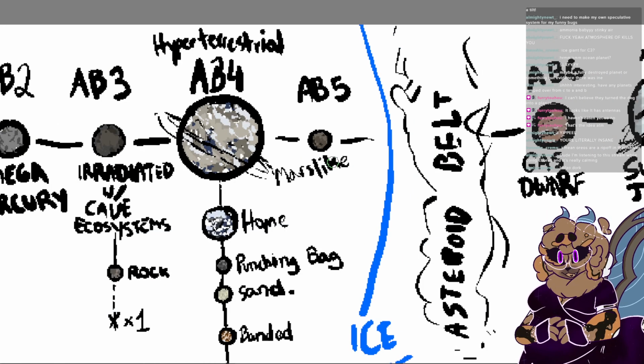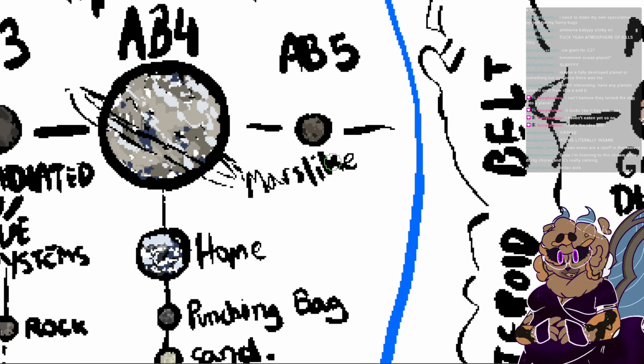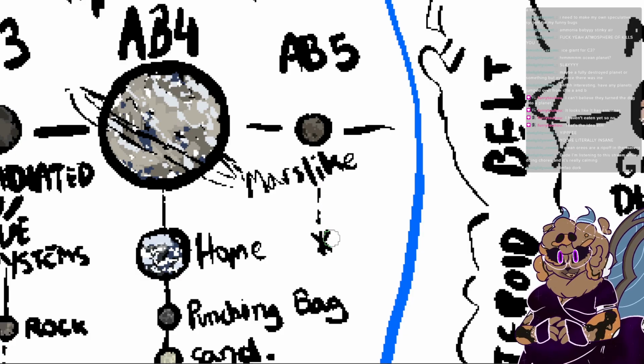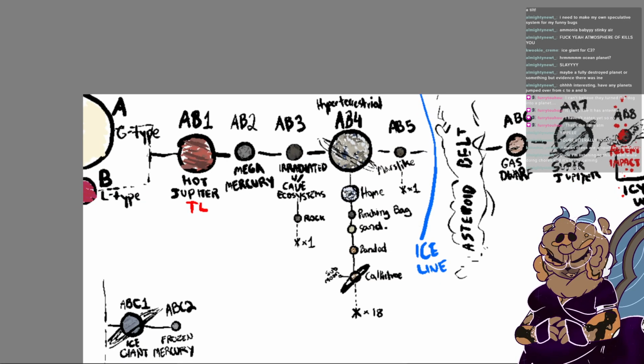I think I want the Mars-like to have 1 asteroid moon. So I'm just gonna do that and go asterisk times 1. So the only planets in the inner system that are not going to have moons are AB1 and AB2.